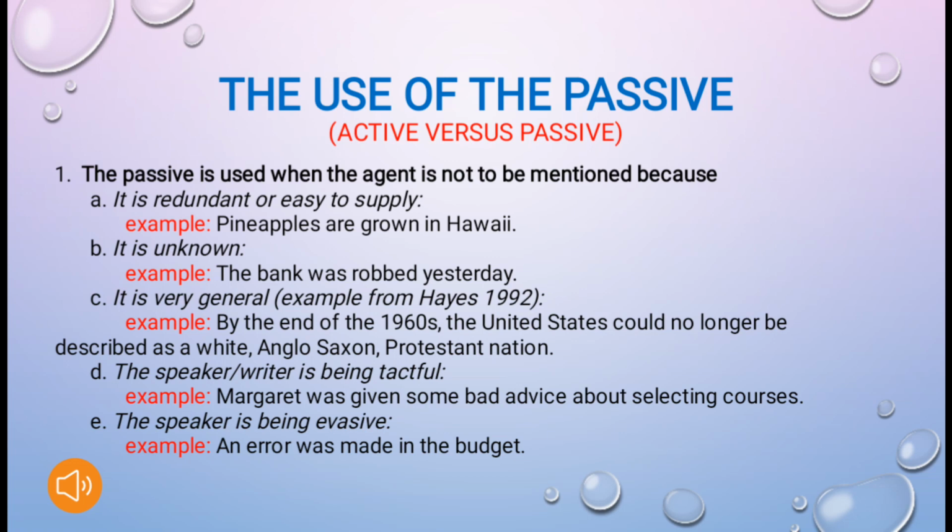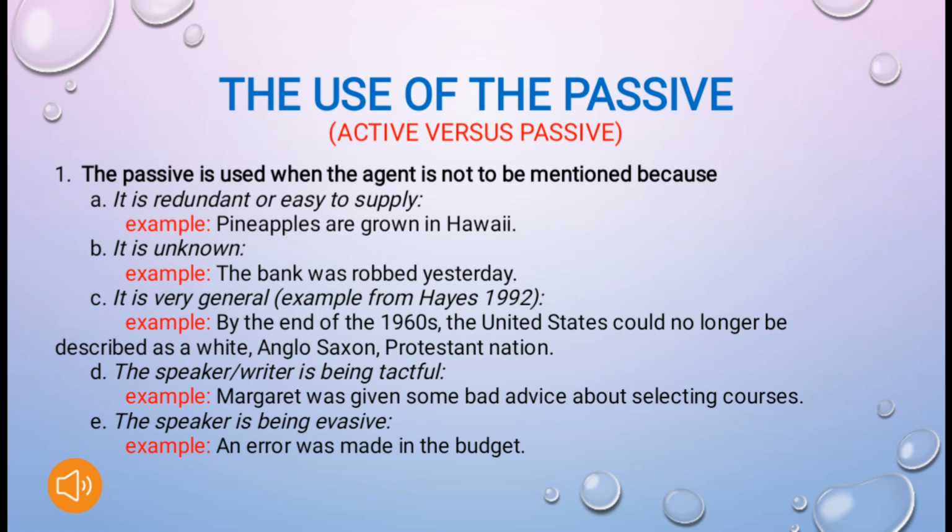Because it is only using the word bank, which is a very common noun in this sentence. So what I'm trying to say is that if you use a common noun in the sentence, the agent there is really unknown.